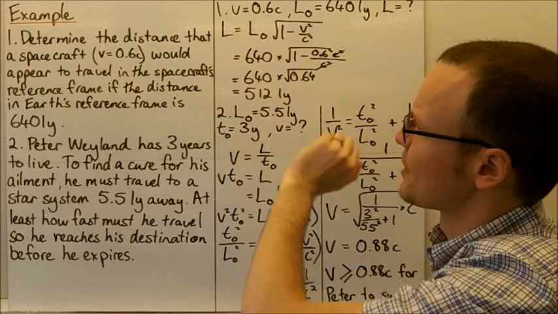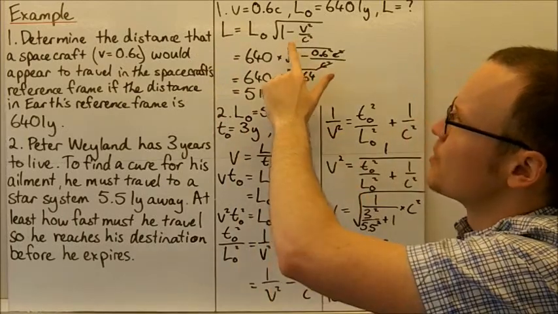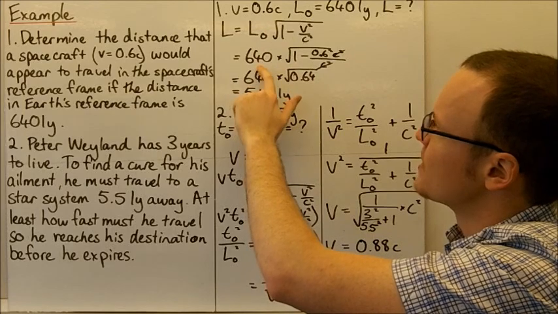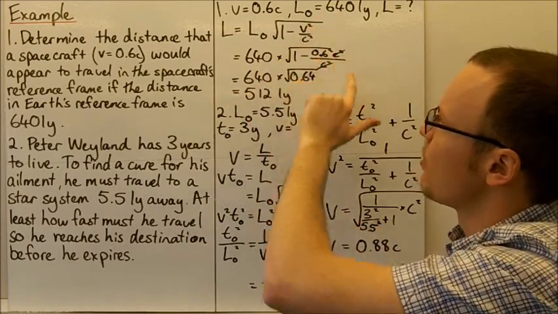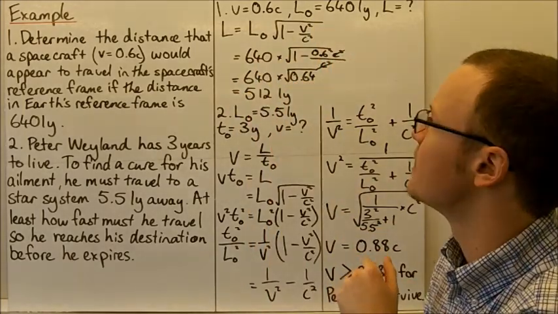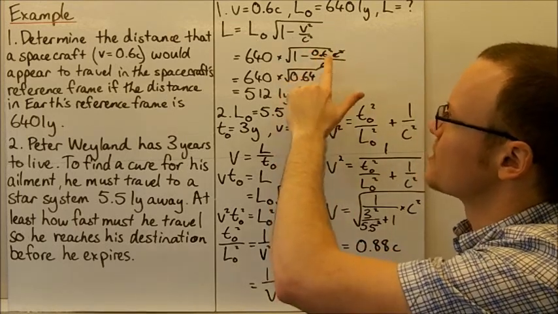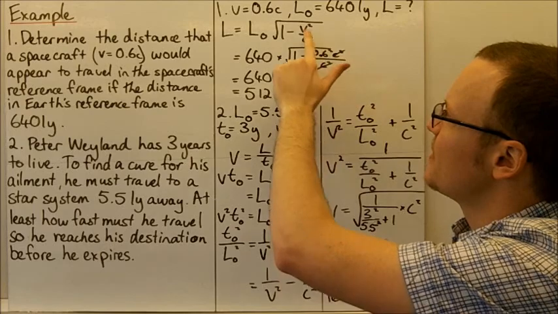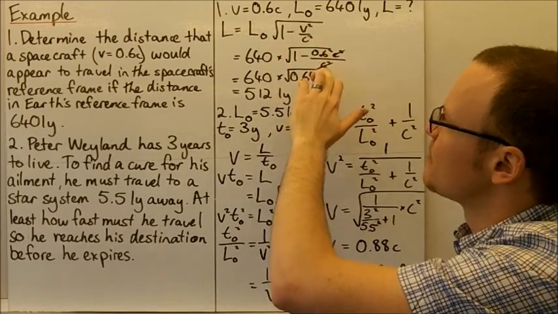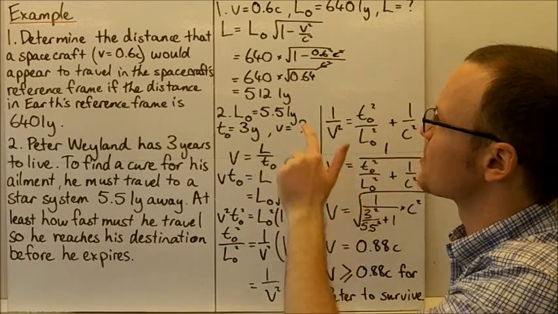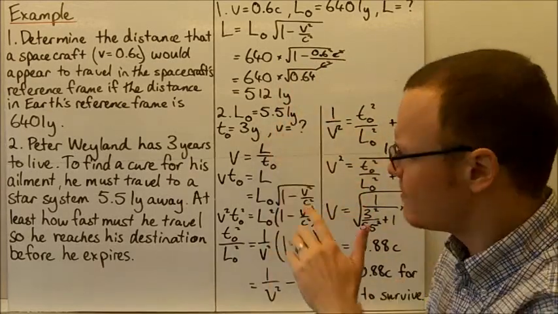So we know relativistic length is L0 multiplied by square root of 1 minus v squared on c squared. L0 is 640 light years in this case, and our velocity is 0.6 times the speed of light. So we can cancel out 0.6 squared times c squared, which is the velocity squared, divided by c squared. The c squareds cancel out, and 1 minus 0.6 squared is equal to 0.64.